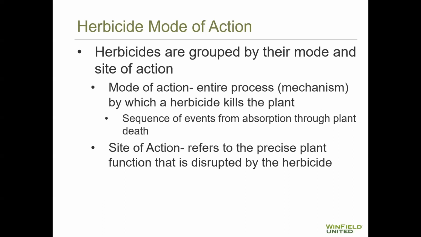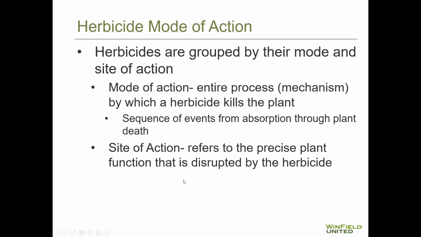So a good example of the mode of action: technically ALS inhibitors and glyphosate, the EPSP inhibitors, have the same mode of action. They go through the plant very similarly. They both interrupt an enzyme. The difference is they have different sites of action.